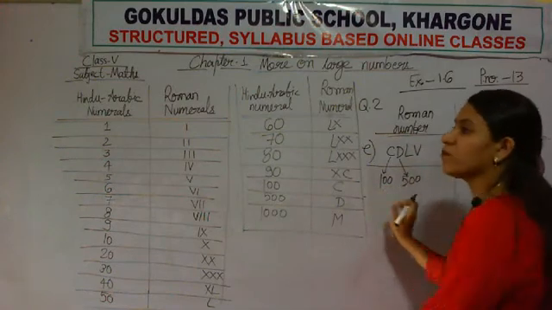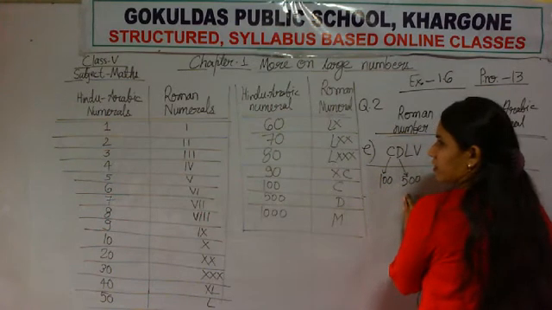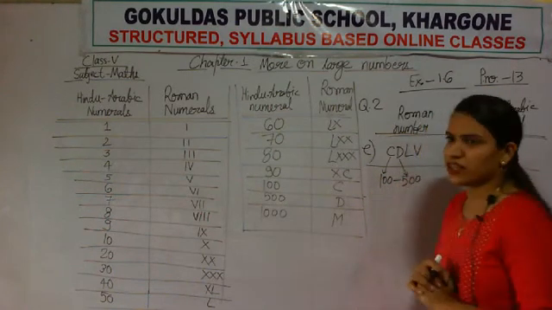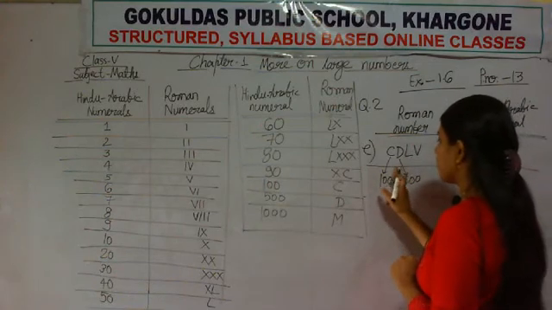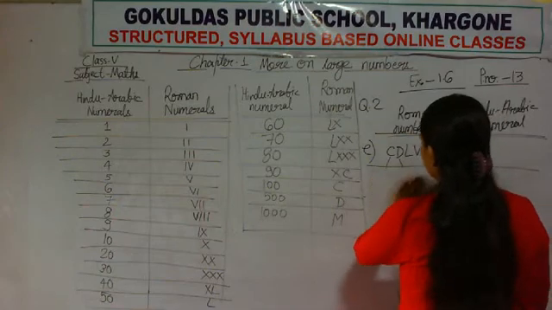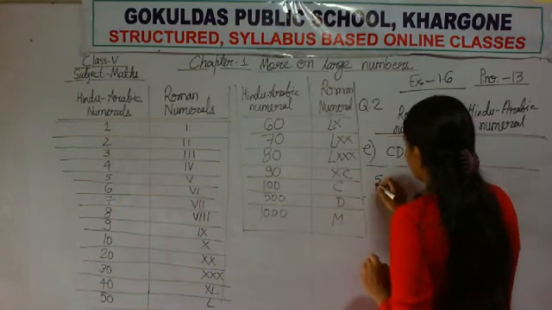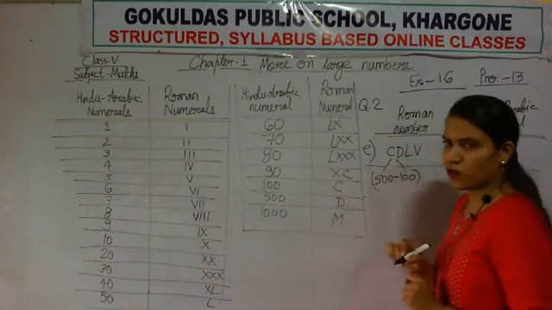Now the smaller number is written left to the larger number. It shows subtraction. That is why I am putting a minus symbol here. It shows subtraction, means you will subtract this smaller number from the larger number. Means you will subtract 100 from 500. Okay.